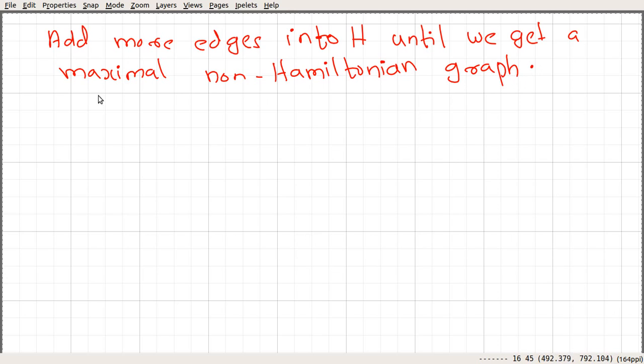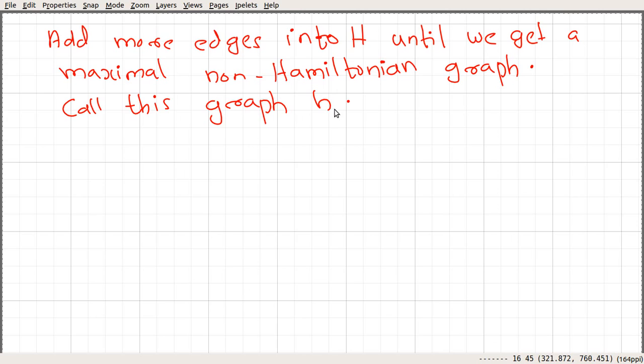Let's call this modified graph G. By construction, we added more edges into H until we get a maximal non-Hamiltonian graph. It's a non-Hamiltonian graph, which means if you add one more edge, then G will become Hamiltonian.